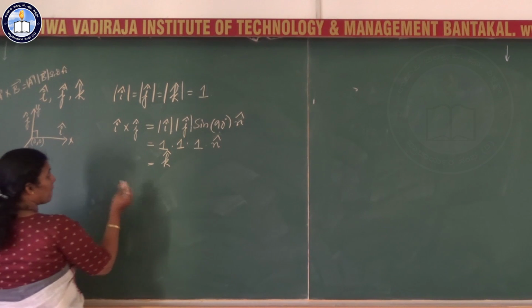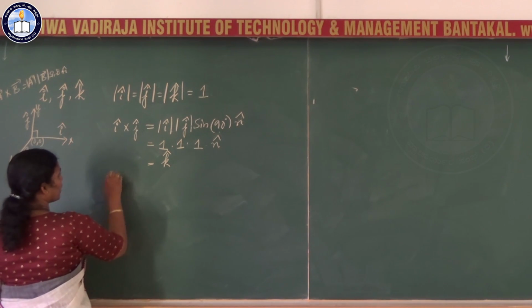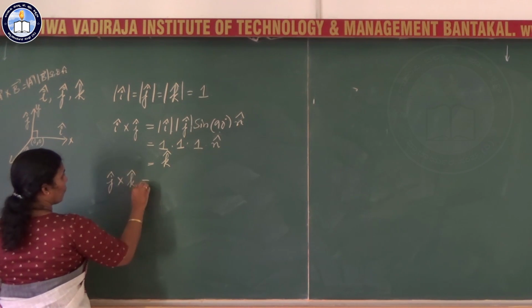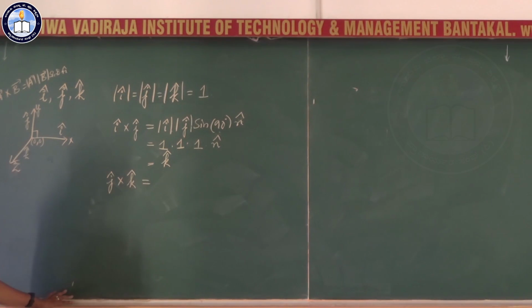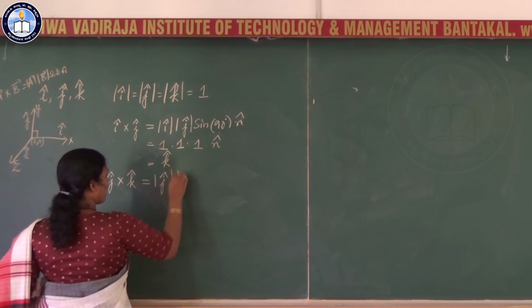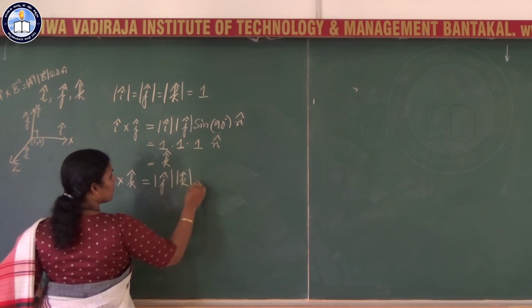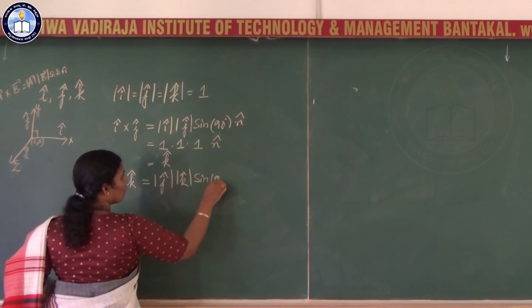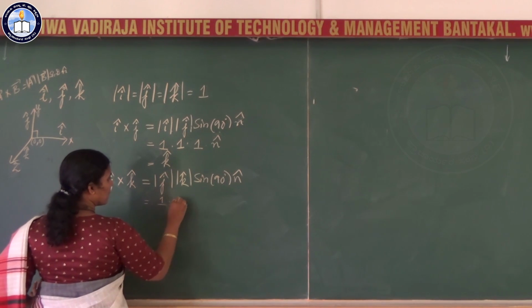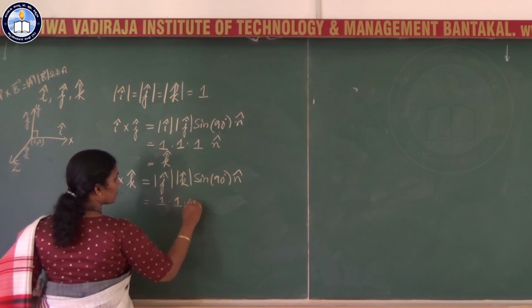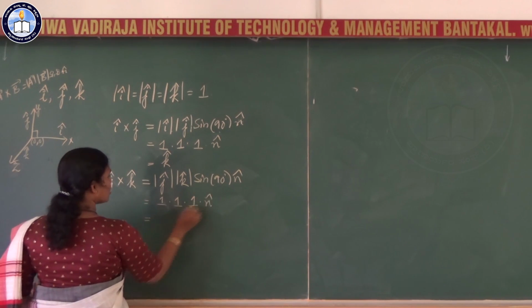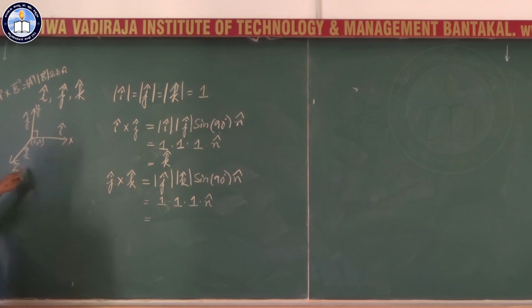Similarly, i cross j, j cross k. So what about this n? j cross k.